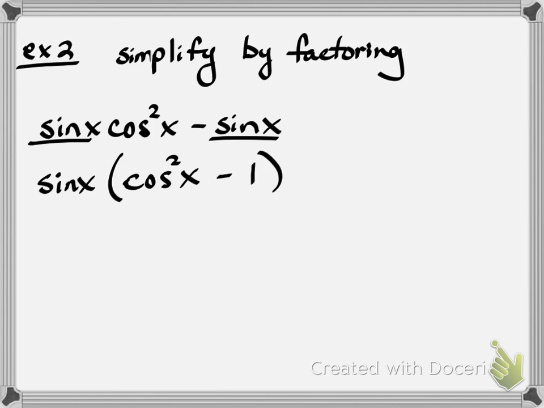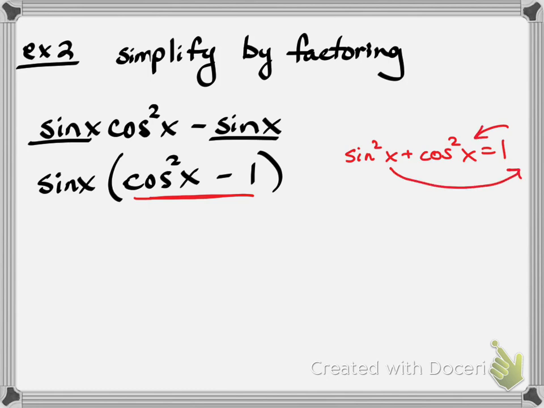And this makes me think of the Pythagorean identity. So if we rewrite this, if we move the 1 over and kick the sine to the other side, we get cosine squared x minus 1 is sine squared x. So we can replace cosine squared x in our formula with sine squared x.